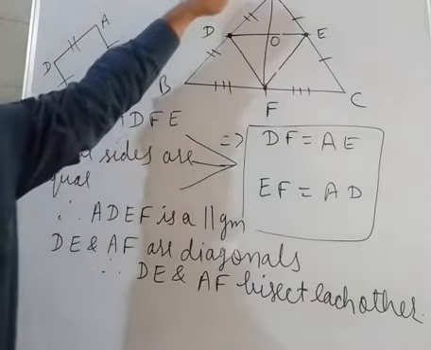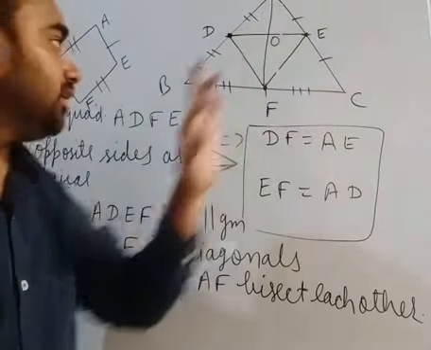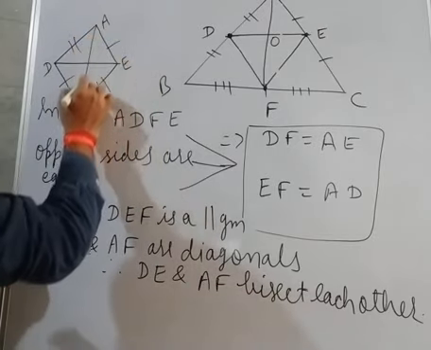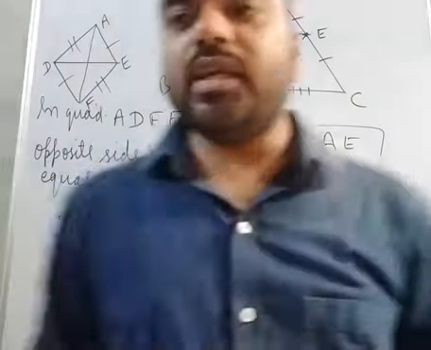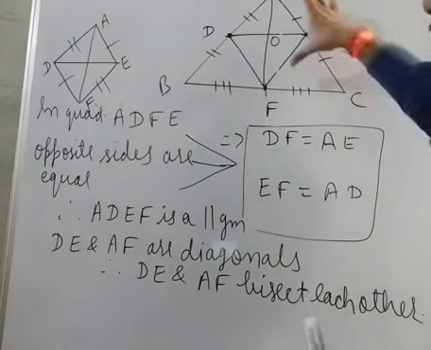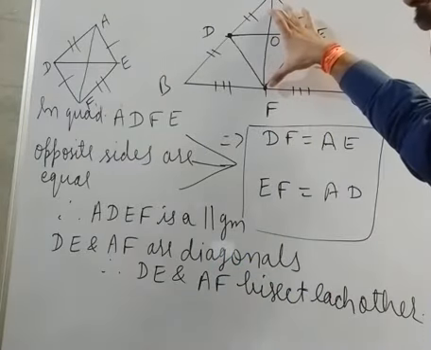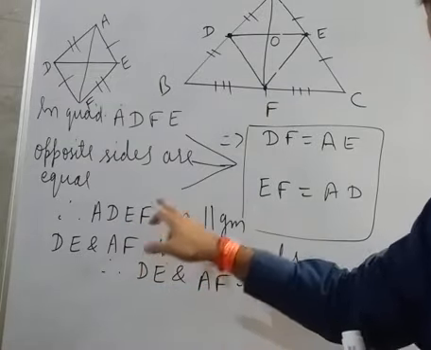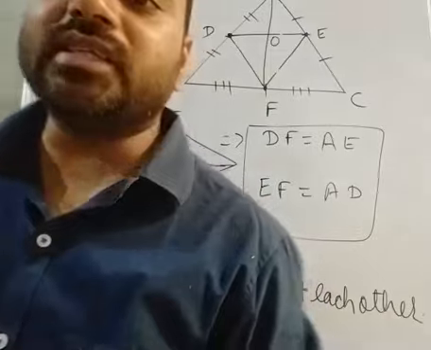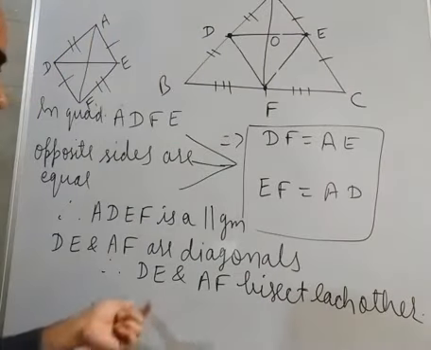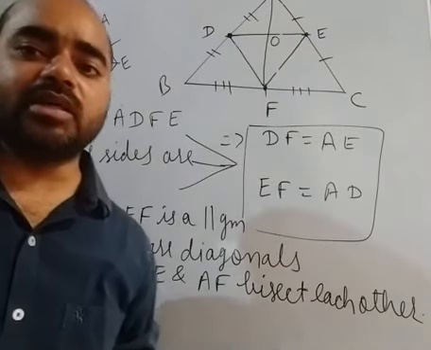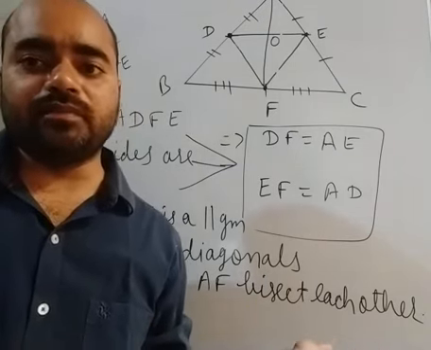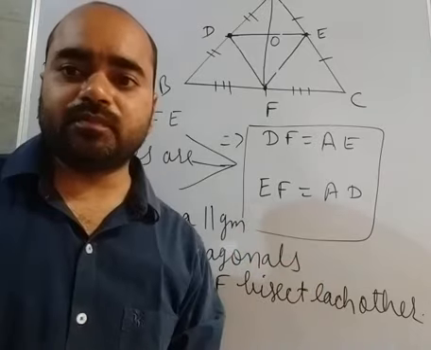Diagonals are AF and DE. DE and AF are diagonals of the parallelogram, and diagonals of a parallelogram bisect each other. Therefore, DE and AF bisect each other using the properties of parallelogram. Hence, proved. Understood?